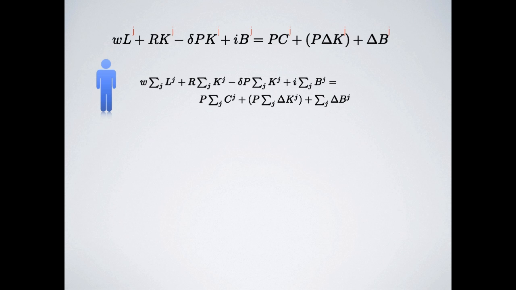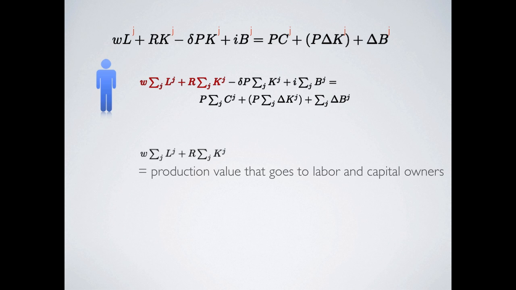In this constraint, we first look at the income part from our inputs for production, which are L and K. This is the total income that comes from labor or capital rental. We assume that the production value that goes to labor or capital owners is equal to GDP.